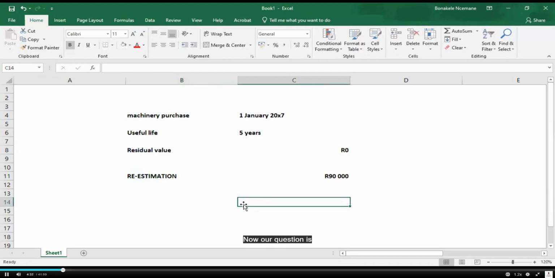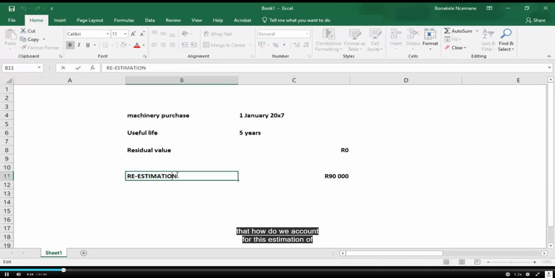Now, our question is how do we account for this re-estimation of the residual value, this change in estimate on the 1st of January 20x9?